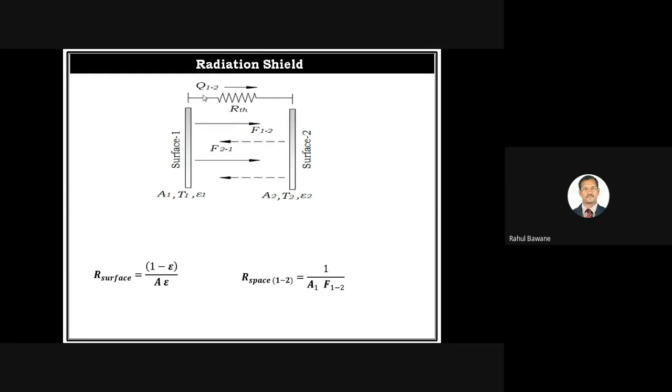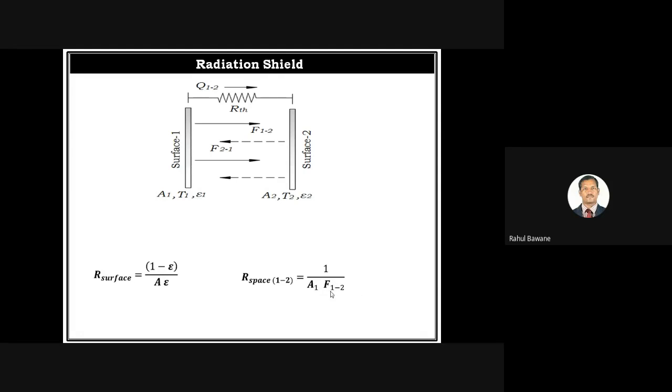If I am calculating heat flow from 1 to 2, then in that case it becomes 1 divided by (surface area A1 times shape factor F12). If I am talking about heat transfer from 2 to 1, then space resistance will be 1 divided by (A2 multiplied by shape factor F21).